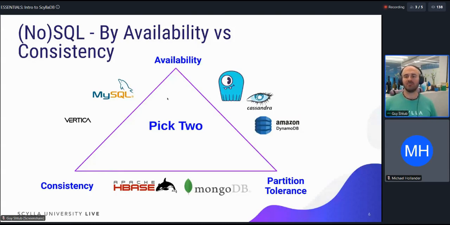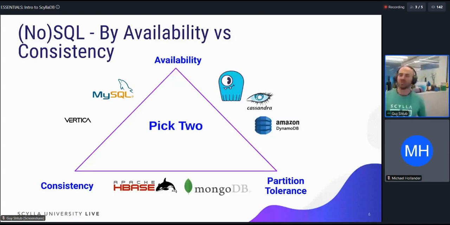And in the slide, you can see different logos of different databases. So for example, MySQL here, as well as many other databases, give a preference for availability and consistency over partition tolerance. Other databases like MongoDB give a preference for consistency over availability.